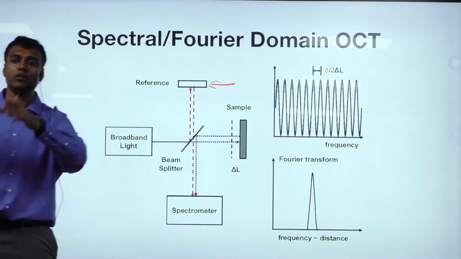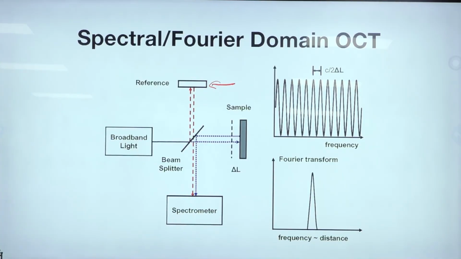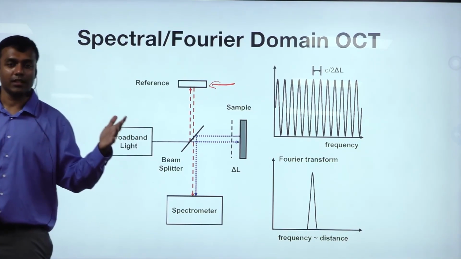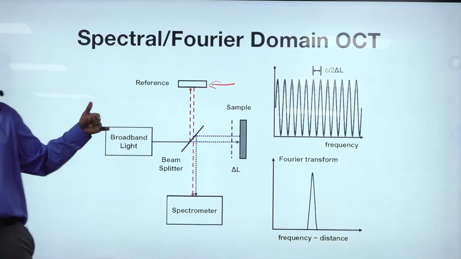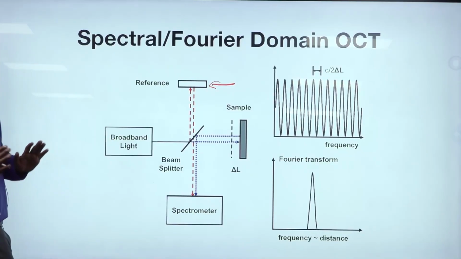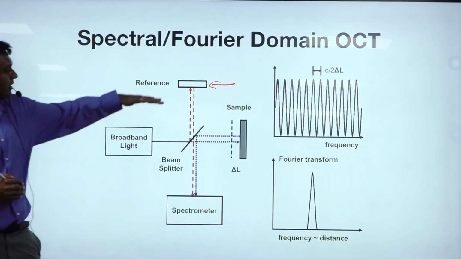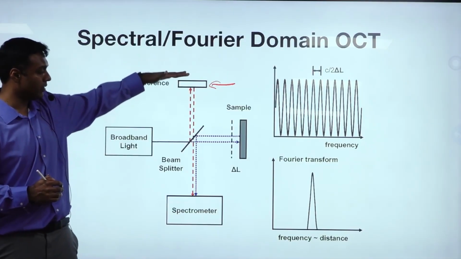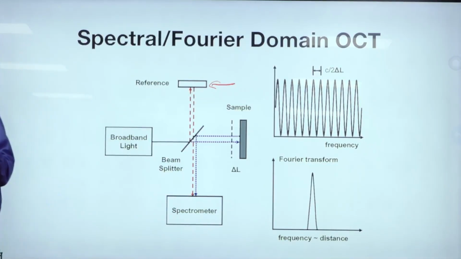So in parallel, you get 1,000 measurements on the spectrometer. I'll tell you how it works, but the basic idea is that instead of moving the mirror to different positions, you use a spectrometer to get more data, and from that you can figure out depth positions. That's the crux, the essence of what people figured out.